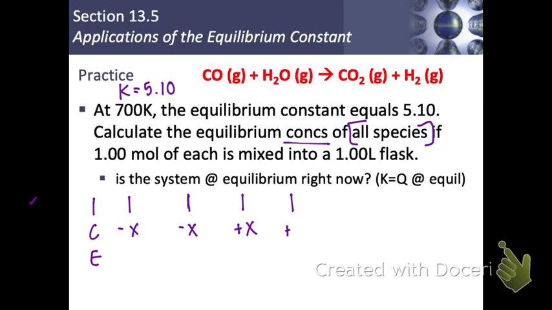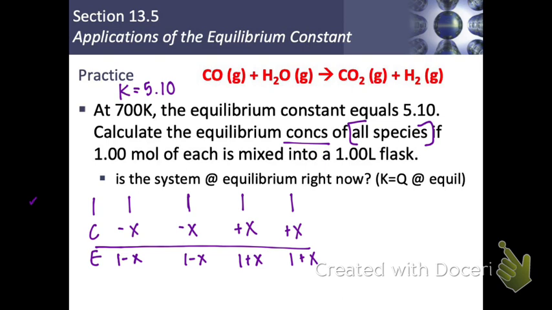Plus x, because none of mine have coefficients in front, right? A coefficient becomes a multiplier here on how fast this concentration will change. Okay, so now this becomes 1 minus x, 1 minus x, 1 plus x, 1 plus x.